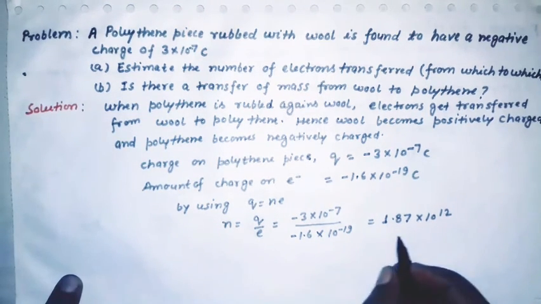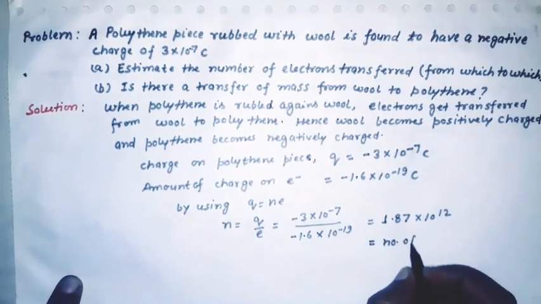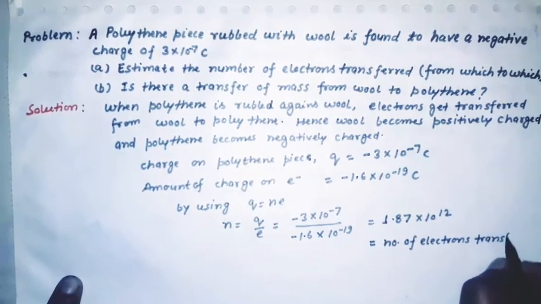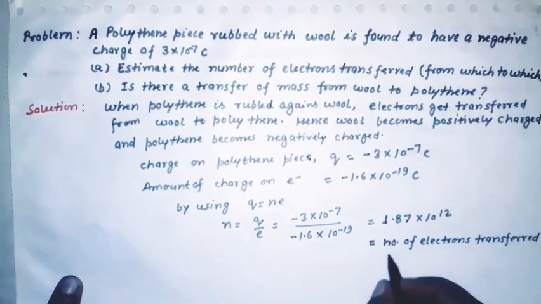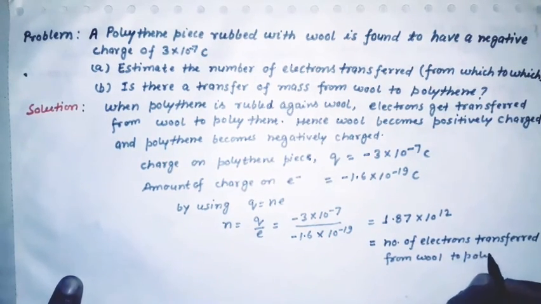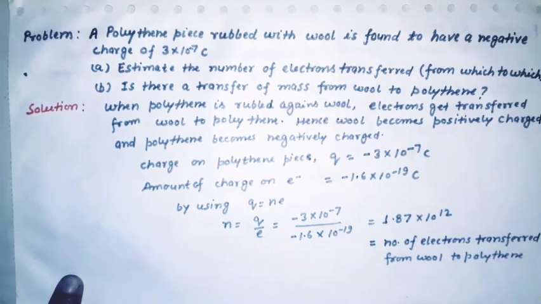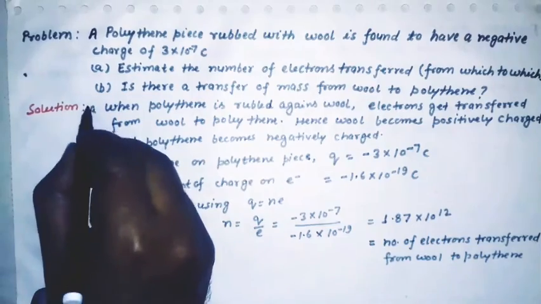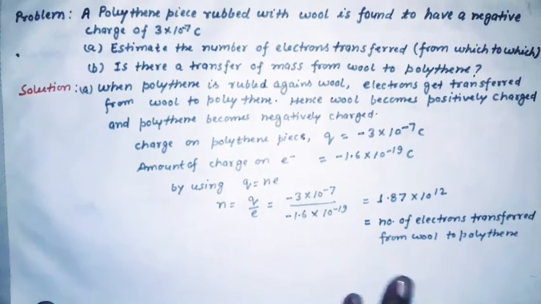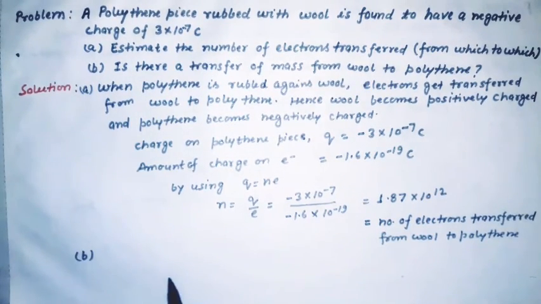So this will be equal to number of electrons transferred from wool to polythene. And now we will solve the second part of the solution, it was the first part of solution.